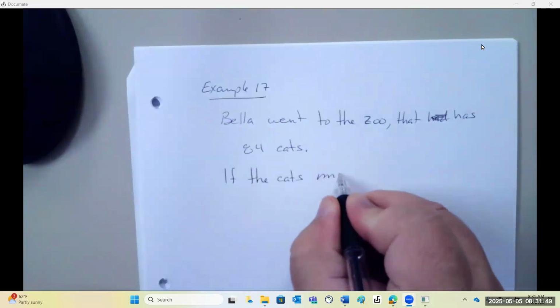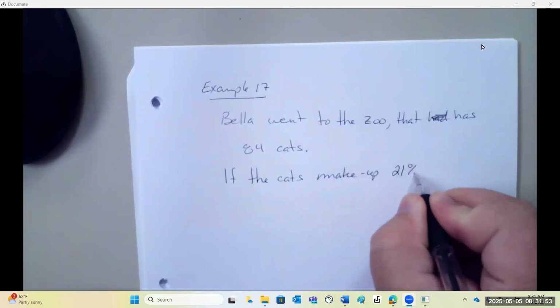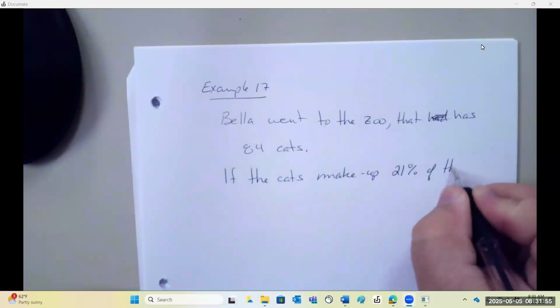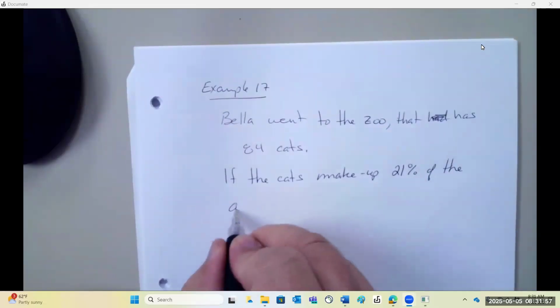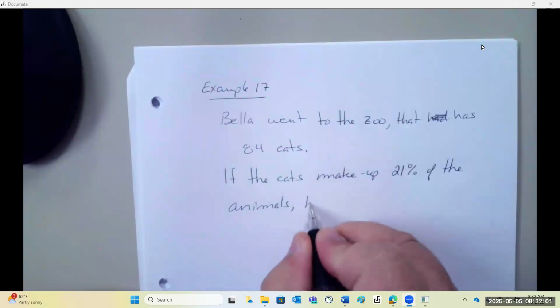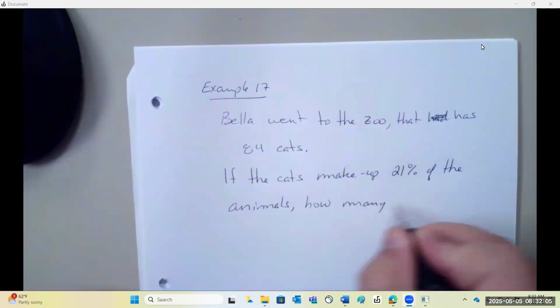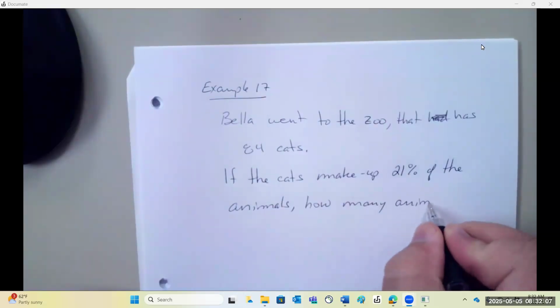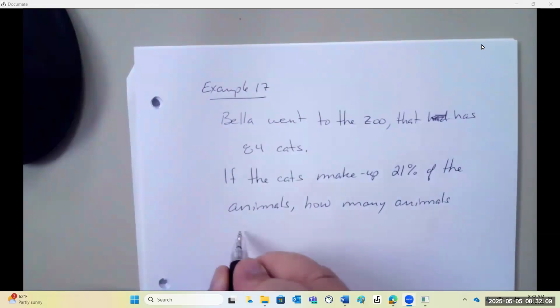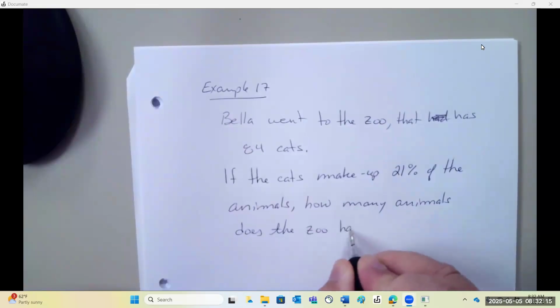If the cats make up 21% of the animals, how many animals does the zoo have?